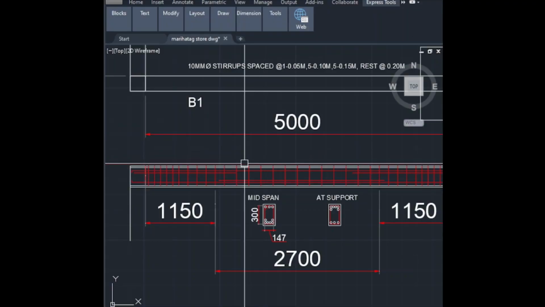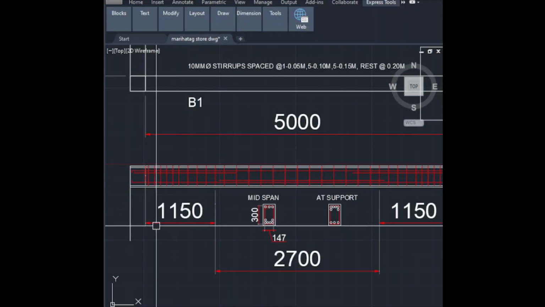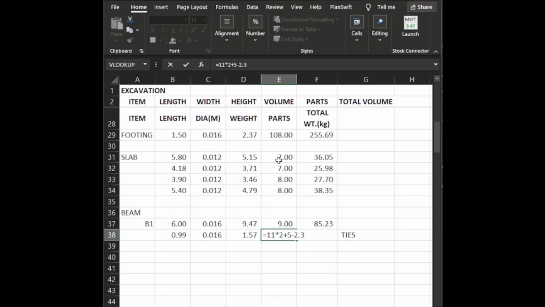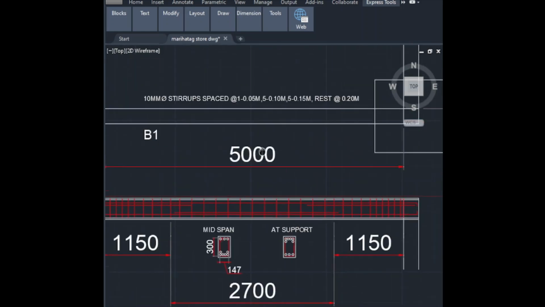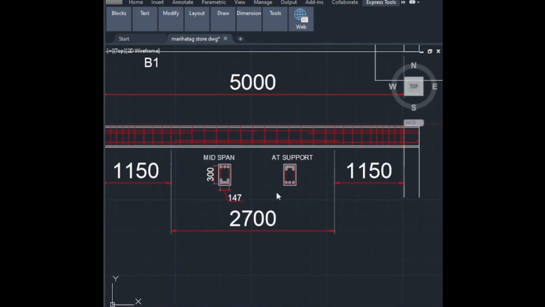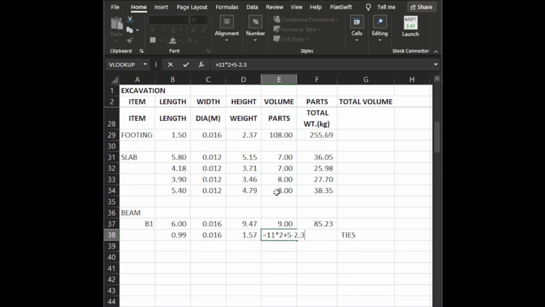This one, the 5 meter length, we will minus this 1.15 times 2, so 2.3, minus 2.3, then 2.7 divided by 2, because it will rest at 0.2 meters. We'll just enclose this one in parentheses, divided by 0.2 meters. So how much? 15.5.